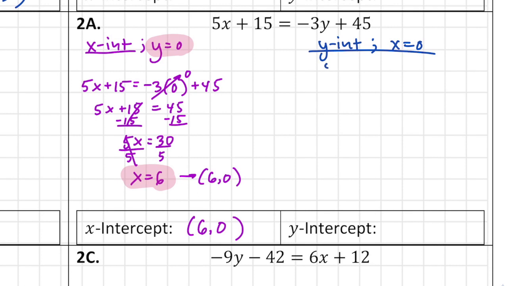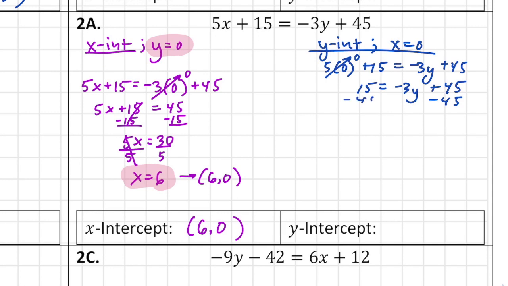So let's go ahead and plug 0 in for x, and I will write out the rest of the equation. 5 times 0 is 0, so I have 15 is equal to negative 3y plus 45. I want to get the negative 3y by itself, so I will subtract 45 from both sides.